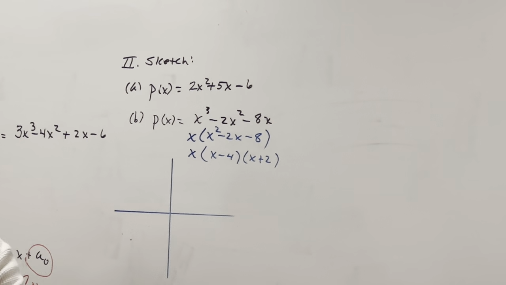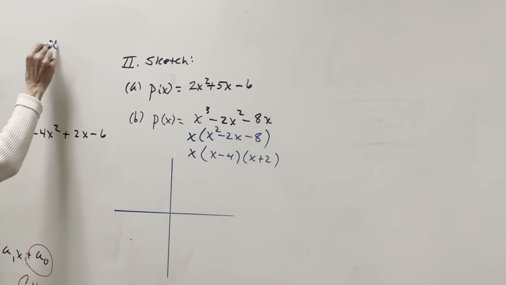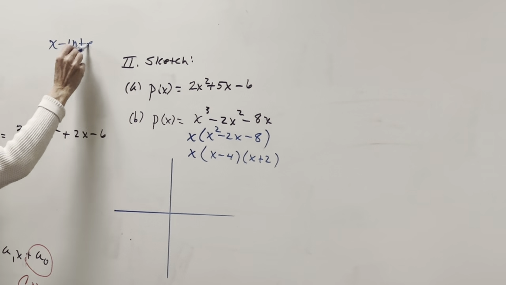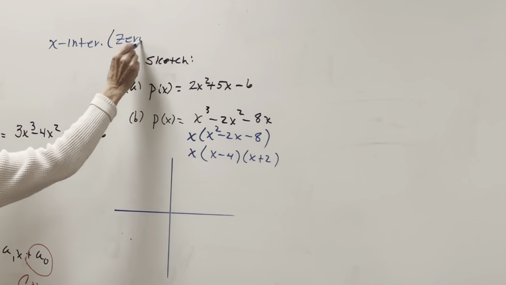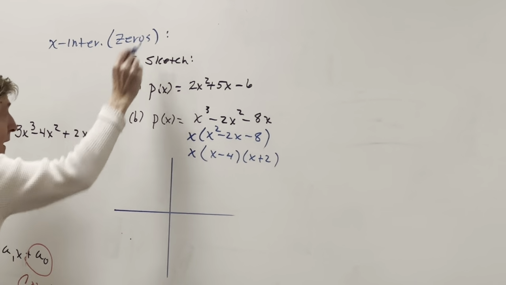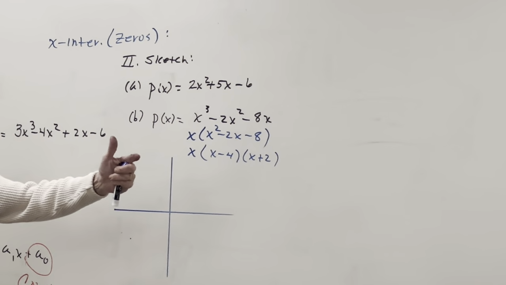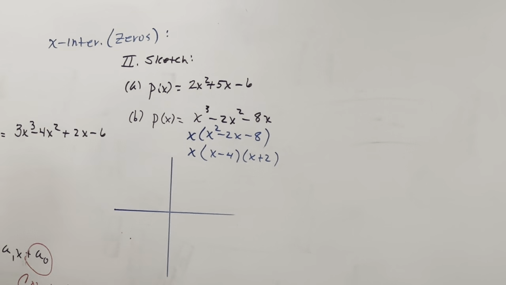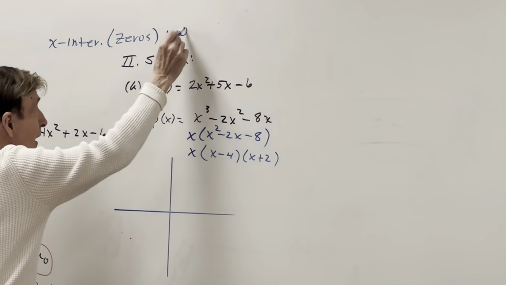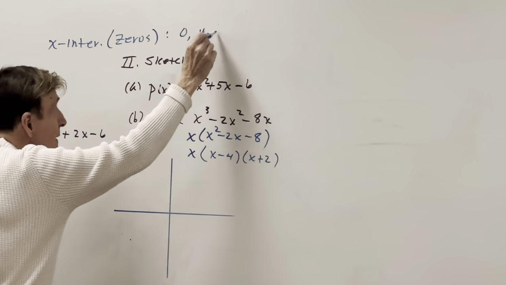I'm going to pick up those zeros first since we know how to do that. My x-intercept, in fact. Then we'll call these zeros. And I think by this time, all the students can split these up and tell me the three values that will act as x-intercepts or zeros. And those are what? 0, 4, -2.